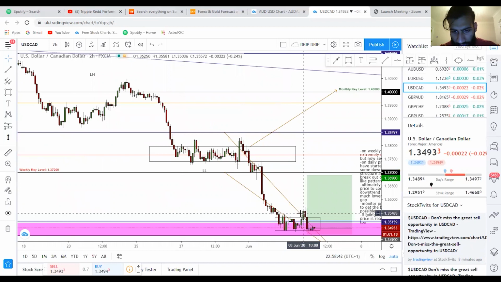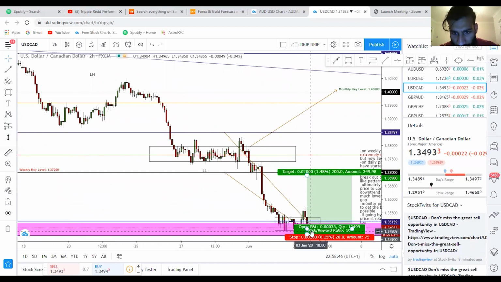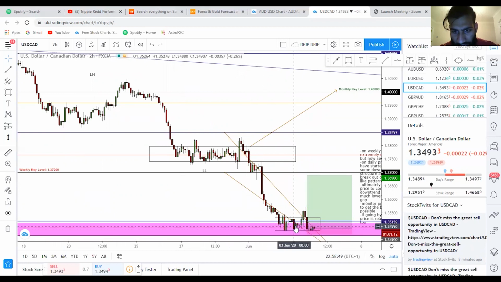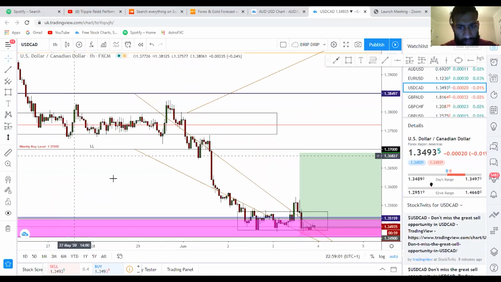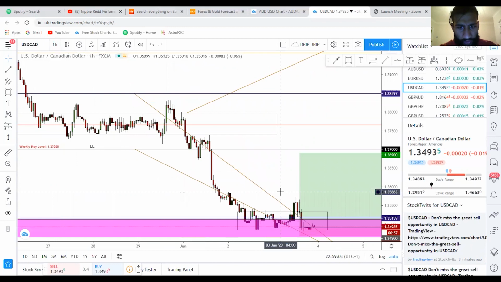And I took an entry based on, I think, a formation of a couple very small candles over there, suggesting there's a loss in momentum. I believe this was also a 1% trade, as far as I can remember, because those are the only two confluences I had.